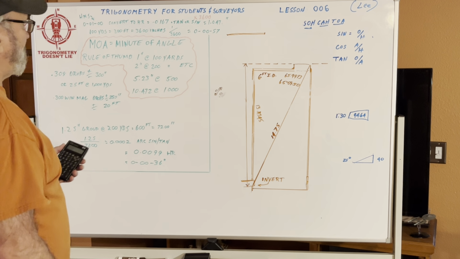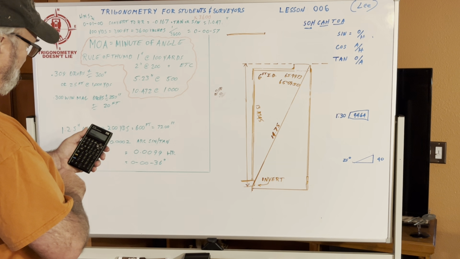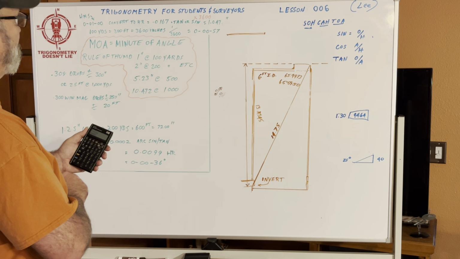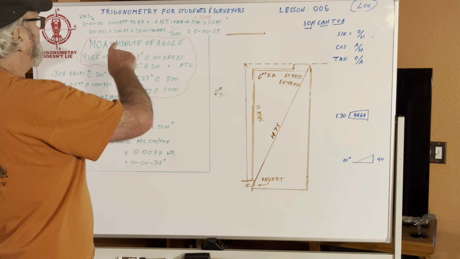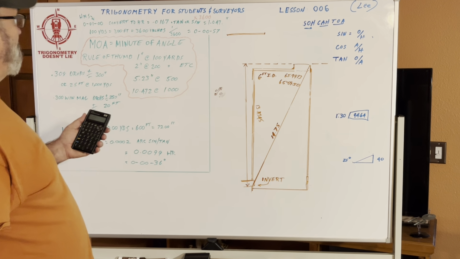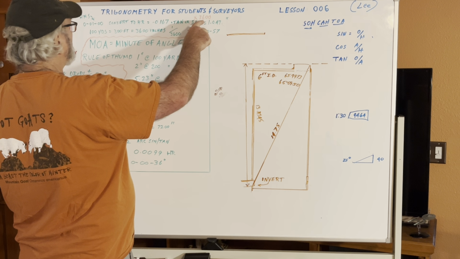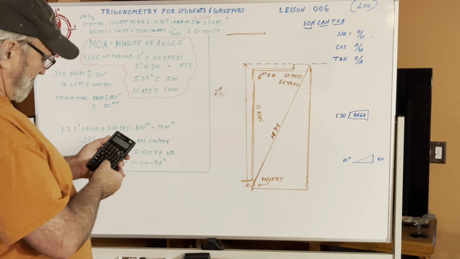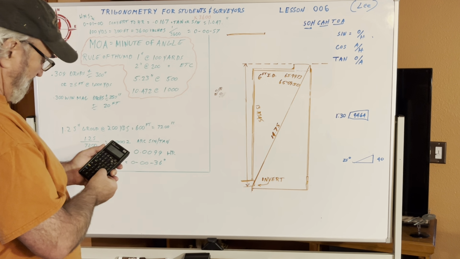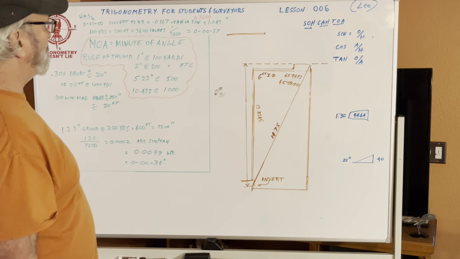Okay, now we want the tangent of that. We'll go tangent. That's 0.0003. I guess I didn't write that down. And then we want 3,600, and so that's 3,600 inches. So 3,600 times that is 1047.2.